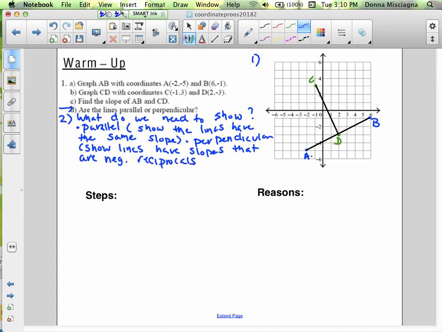Step 3, what formula do we need? Well, if we want to prove lines are parallel or perpendicular, we need the slope formula. Right? And so the slope formula is the difference in the y-coordinates divided by the difference in the x-coordinates.